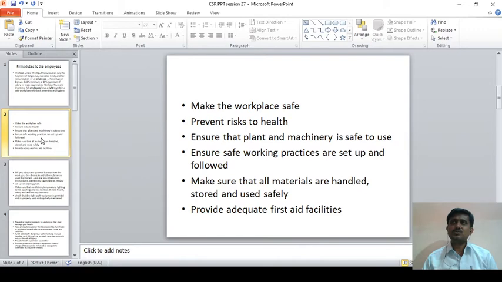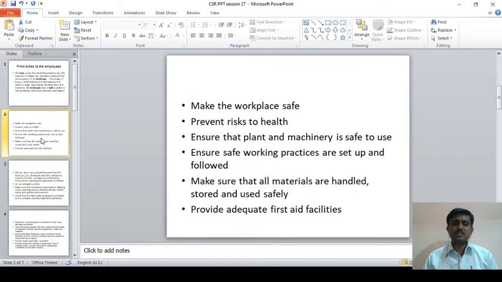For example, while using the particular plant and machinery, it should be safe, and ensure safe working practices are set up and followed. That is, what practices are followed by the organization regarding safety, whether the safety procedures are set up and followed.